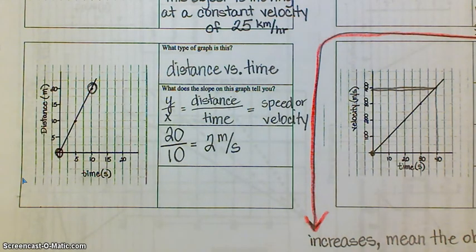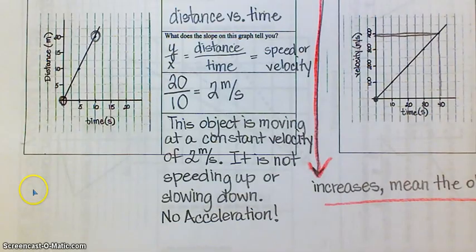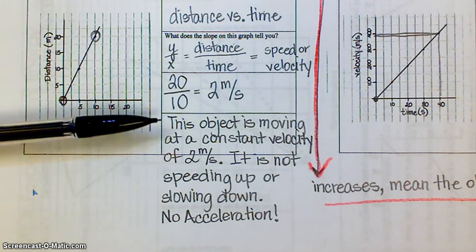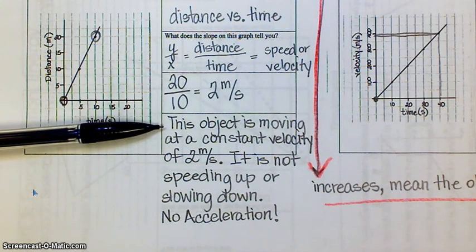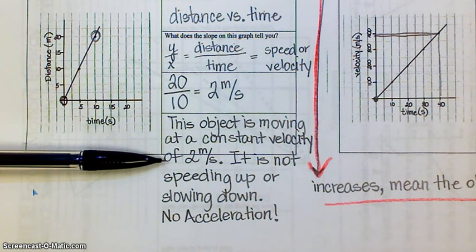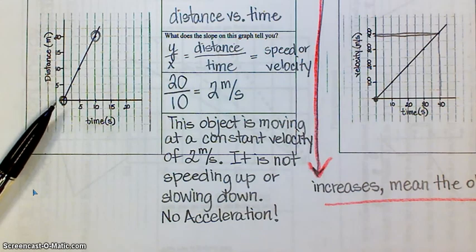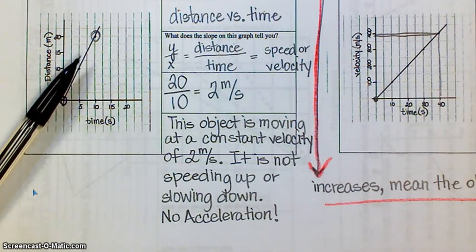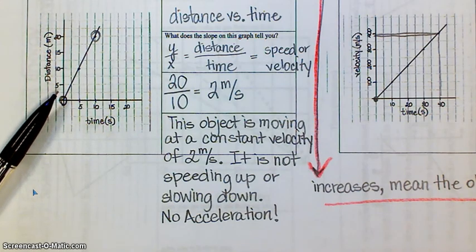Everybody got it? Okay, so here's what we're saying. The object's moving at a constant velocity of 2 meters per second. It is not speeding up. It is not slowing down. There is no acceleration. How do I know? Because the slope of the line remains the same the whole time. Do you understand that?